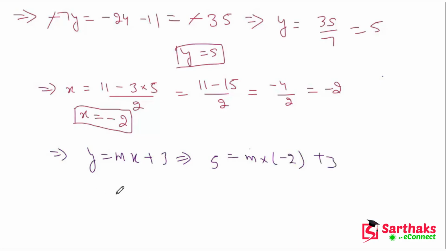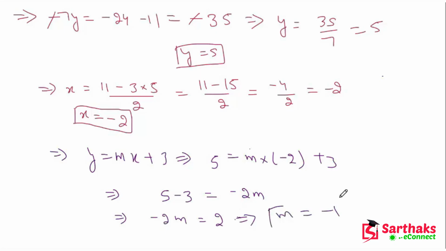Okay, and we get 5 minus 3 is equal to minus 2m, and this is minus 2m is equal to 2, and we have the value of m is equal to minus 1. Okay, so this is the final answer. So the value of m is minus 1. So I hope you get this point.